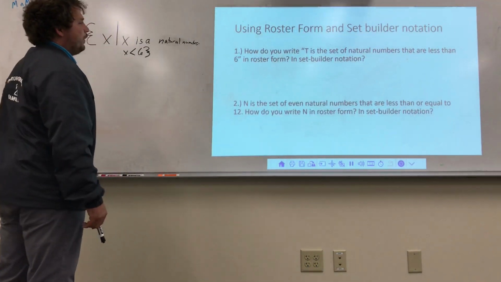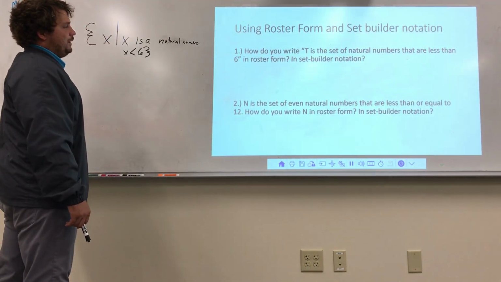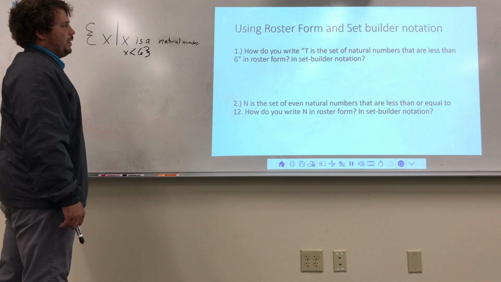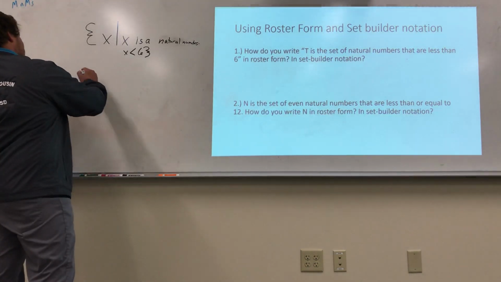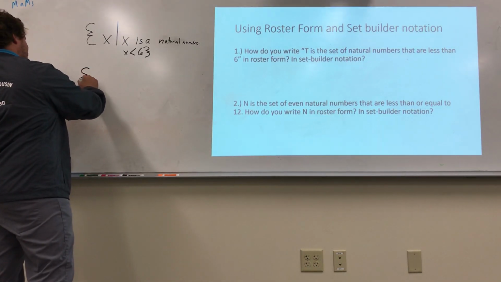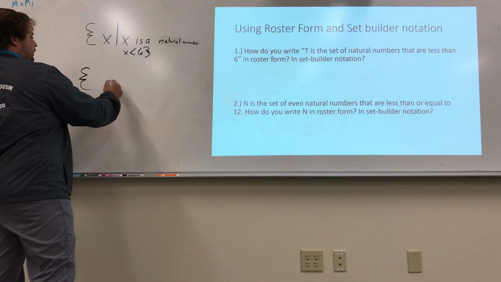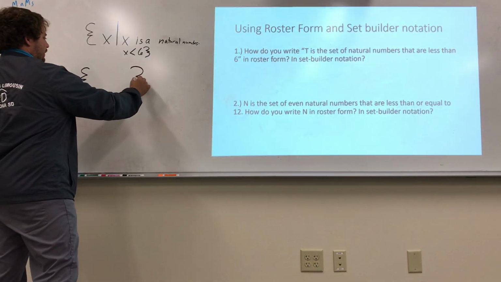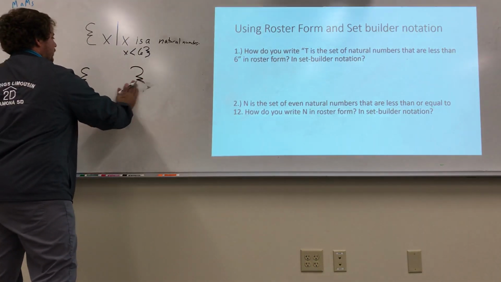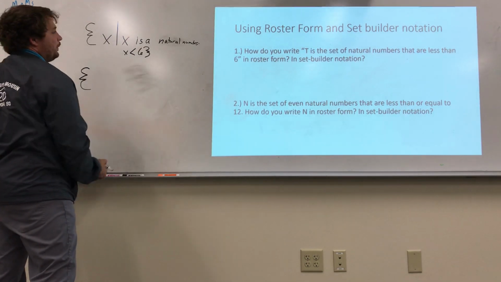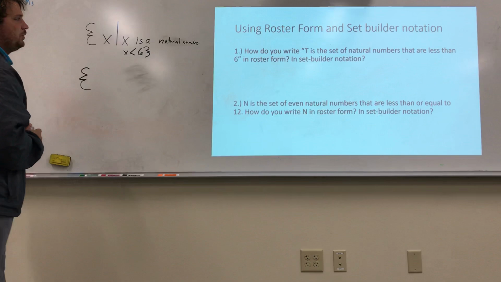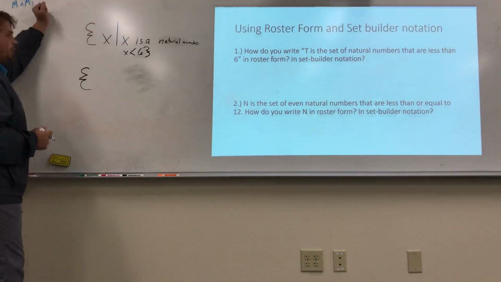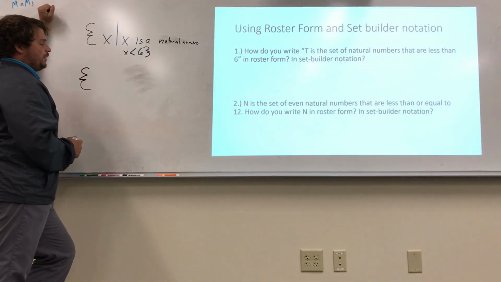Okay. First one, how do you write T is a set of natural numbers that are less than 6 in roster form? Roster form has to be in the brackets. It has to be less than 6, and it has to be a natural number. Natural numbers are 1, 2, 3, 4, 5, 6.